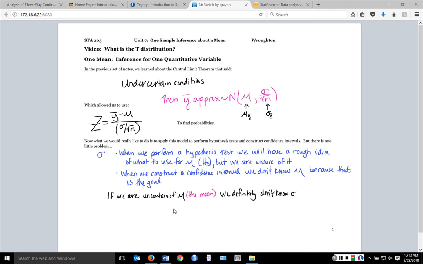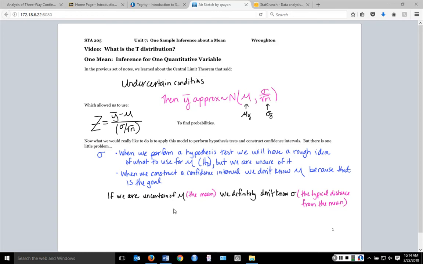Now, why would we not know that? Well, our standard deviation is our typical distance from the mean. So if I don't know the mean, I can't know my typical distance from that mean. So there's our problem. So what are we going to do?